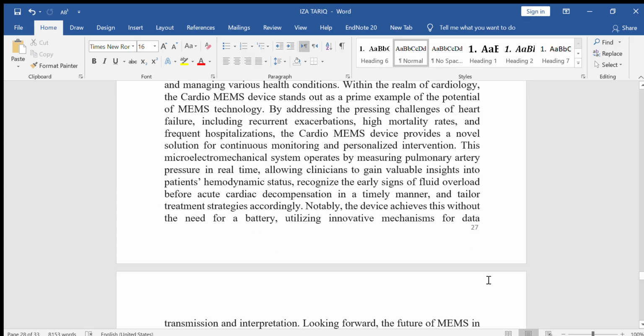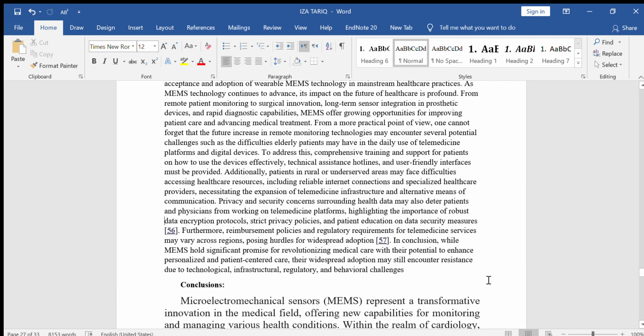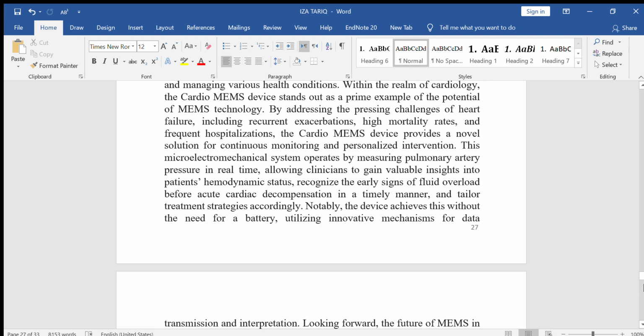It makes life very easy and is a very safe process for patients, who no longer need to stay in the hospital for a long time. Microelectromechanical sensors represent a transformative innovation in the medical field, offering new capabilities for monitoring and management of healthcare.